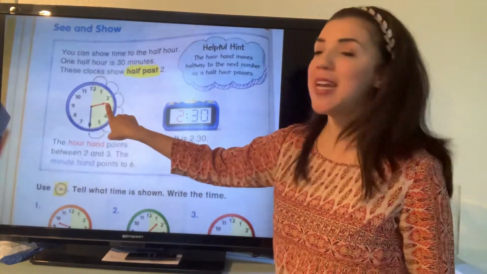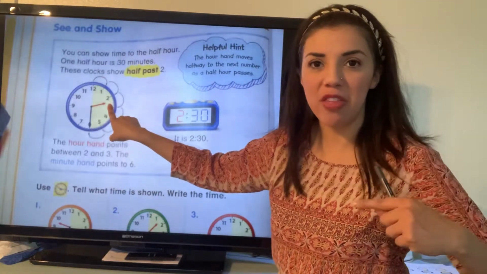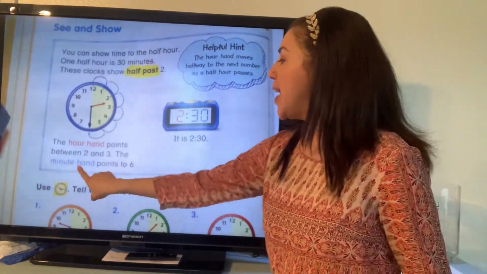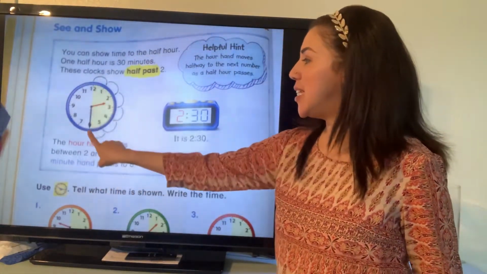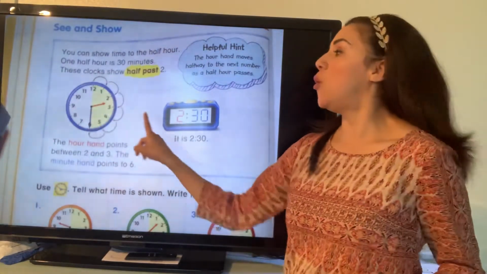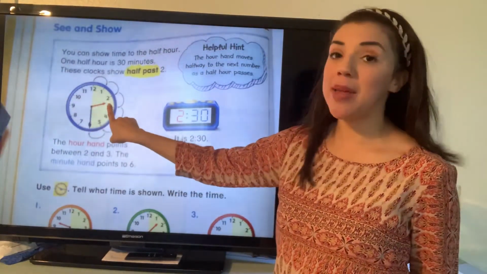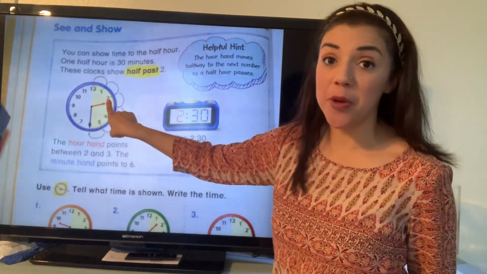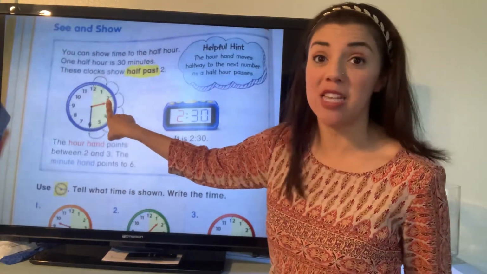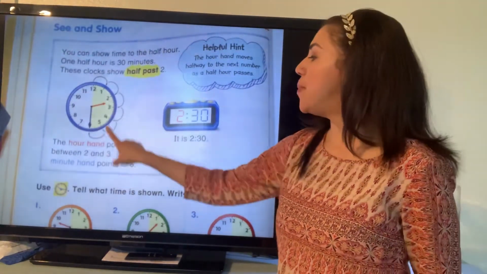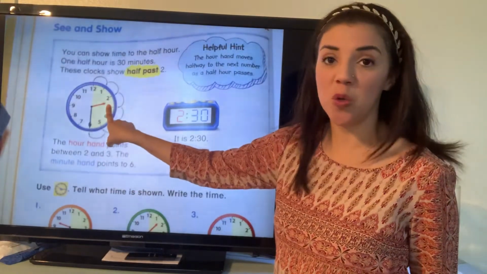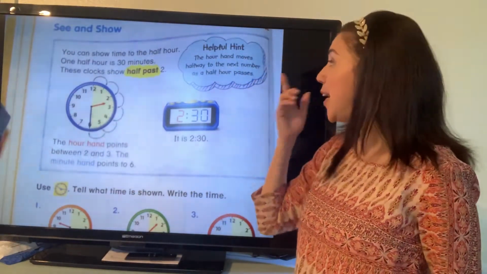Do you see how the hour hand is kind of like in the middle of the 2 and the 3? The minute hand points to the 6, okay? So it's in the middle. It's not exactly on the 2, and that's how it's supposed to be. That's how it's going to look, okay? But that time does represent 2:30, okay?